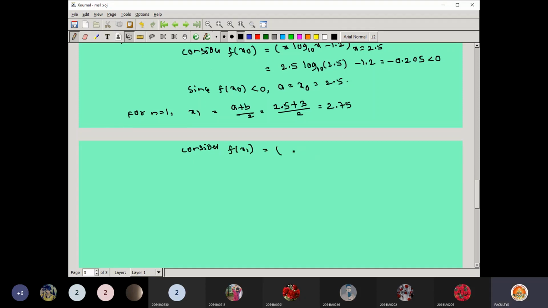So in your f of x, it is x logarithm of x minus 1.2. There you write down x equal to 2.75. So directly 2.75 logarithm of, only press the LOG button, 2.75 minus 1.2. Tell me what answer comes.